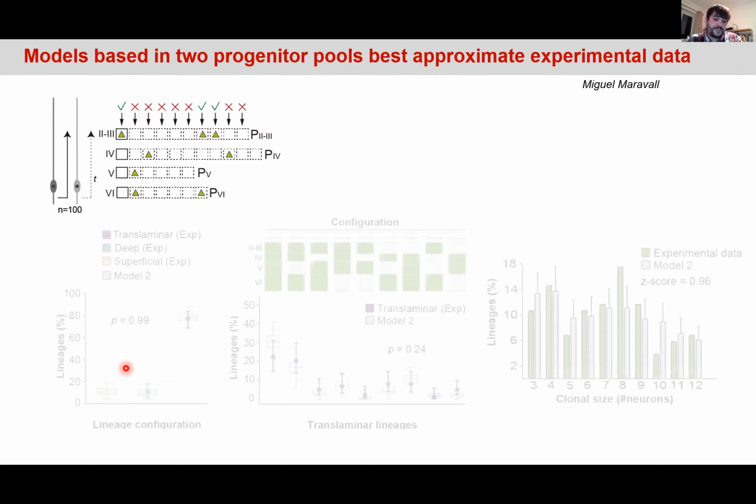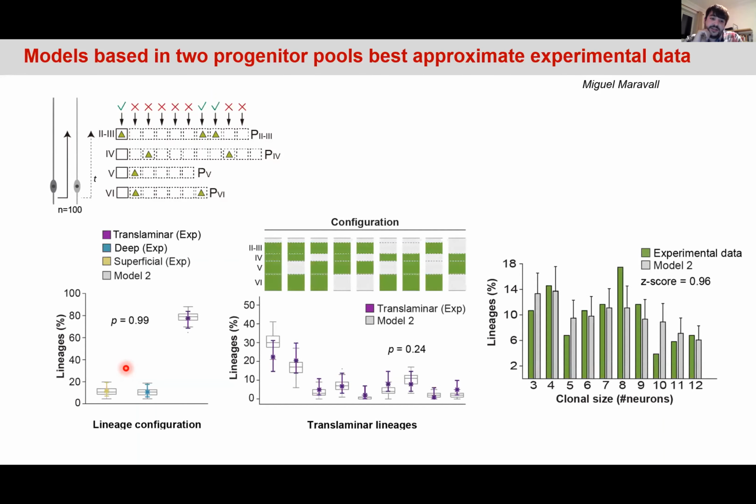So with this introduction of a second population of progenitor cells that was biased for producing superficial layers, we were able to replicate the fraction of lineages composed exclusively of superficial layer cell identities, as well as this bimodal distribution of clonal sizes that we have observed in our experiments, with this enlarged fraction of lineages composed of only 3 or 4 cells.